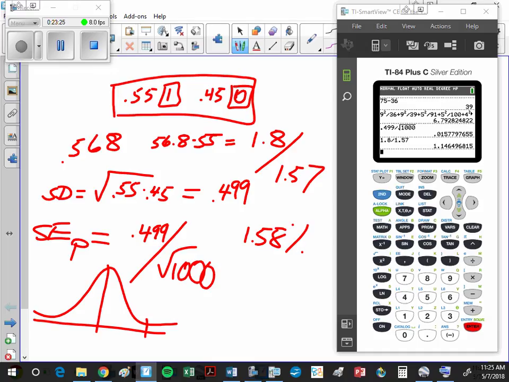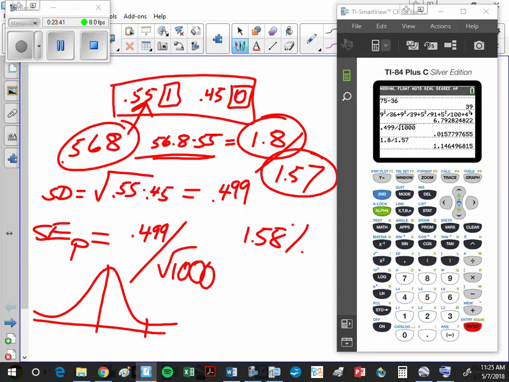So I took my distance and I divided it by my SE to get the z-score. Right here, 56.8 minus 55. How far is this from that? About 1.5 SDs. Okay, where is the breaking point? 1.64. So this 5% window is at z equals 1.64, and we ended up at 1.58.